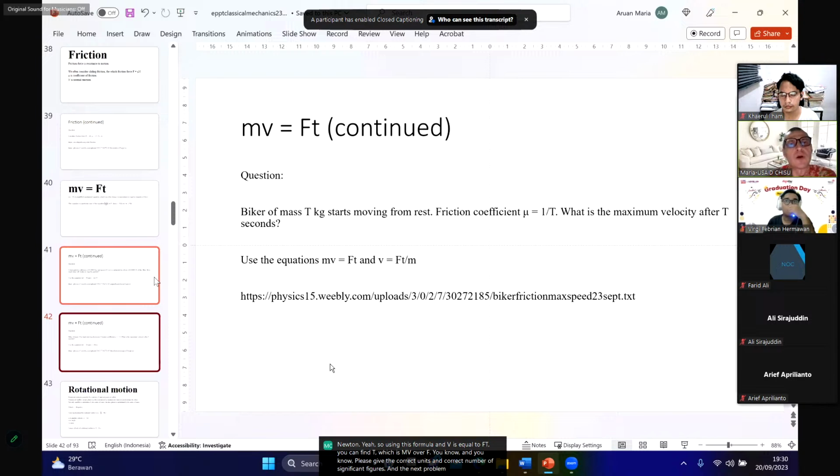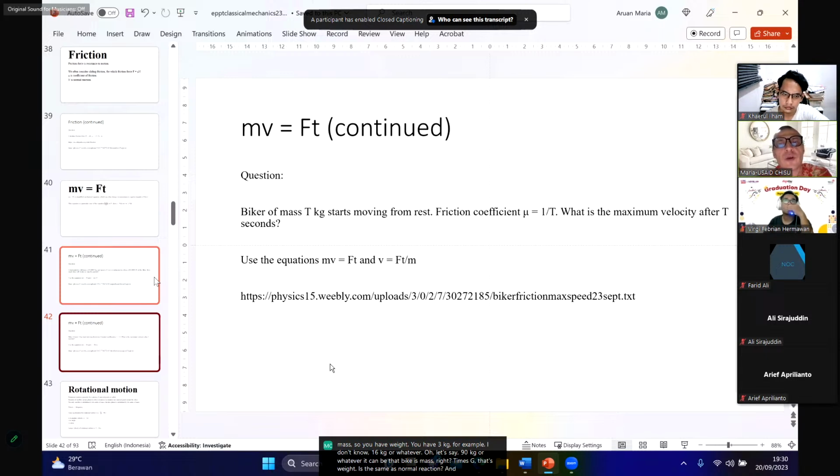And the next problem is about the biker, who starts from rest, and the friction coefficient is known. So you have the friction force, right? Because the normal reaction will be mg, equal to the weight. You have the mass, so you have the weight. Say the biker's mass is 90 kilograms or whatever it can be, times g, that's the weight, which is the same as the normal reaction.